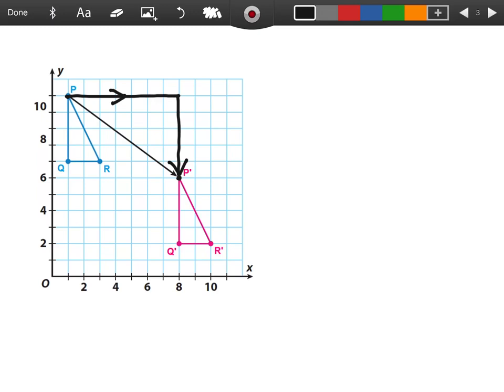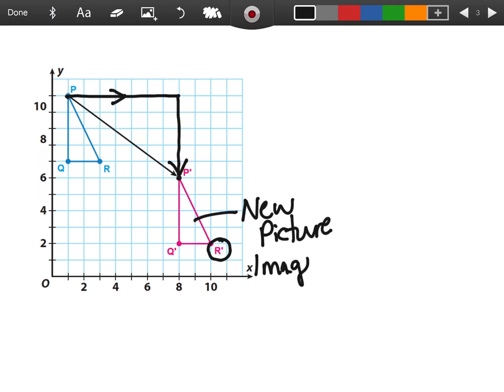Well, why did I do that? Well, I can see right here, see that little dash, the apostrophe next to my R? I know that this one right here is my new picture. And my new picture is my image. Okay, this is my new, which means this blue one is my old picture.